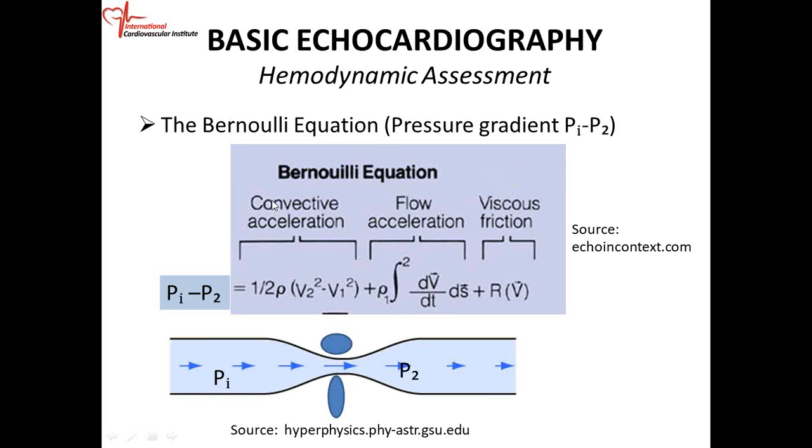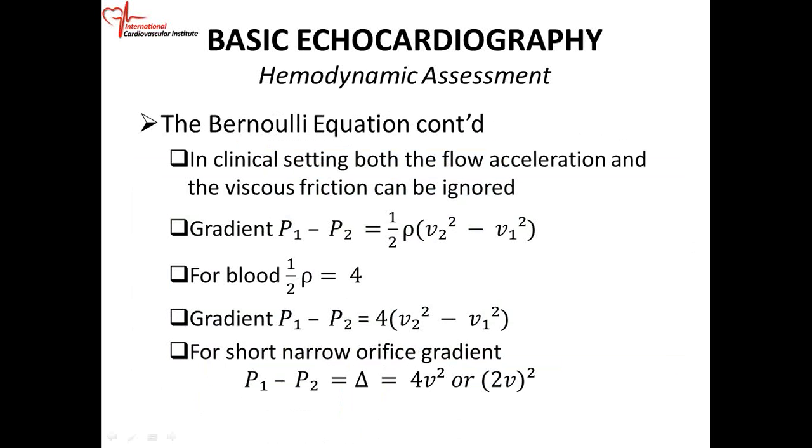So all we use is the convective acceleration, which is equal to half rho into the velocity squared at point 2 minus the velocity squared at point 1. Okay, so we're left with this. And if we assume that these are negligible numbers for blood, we're left with this.